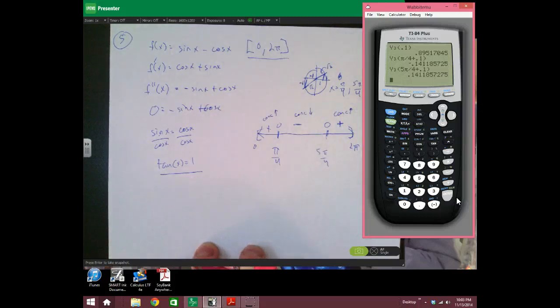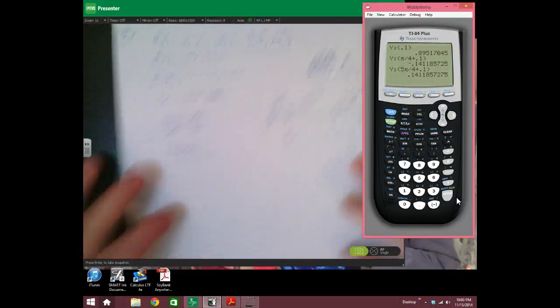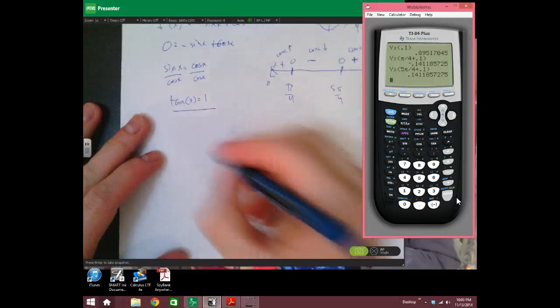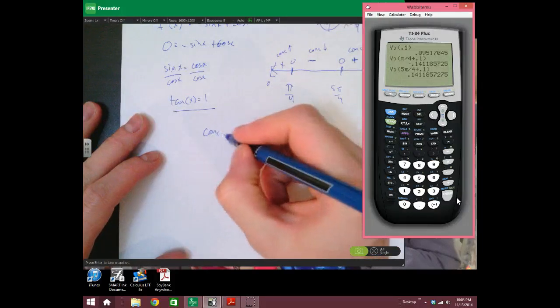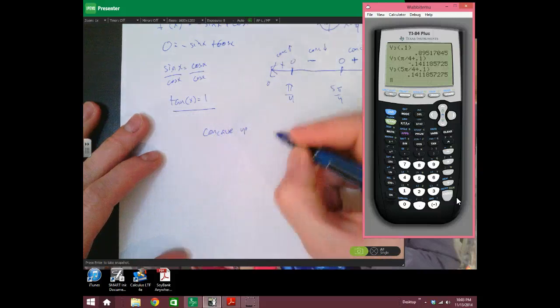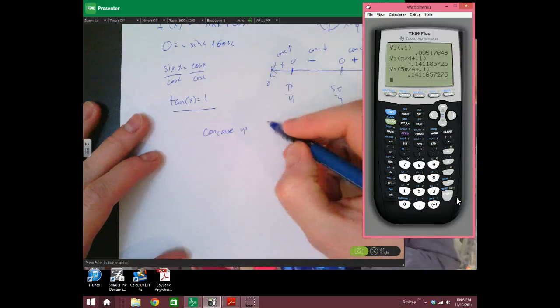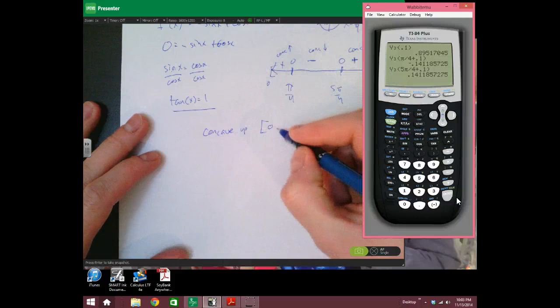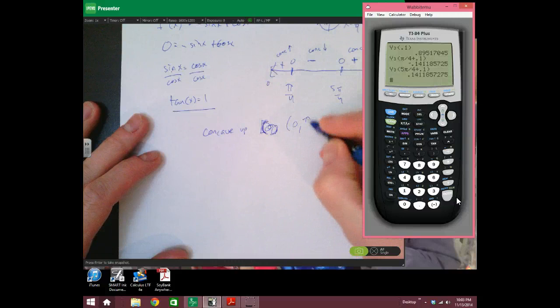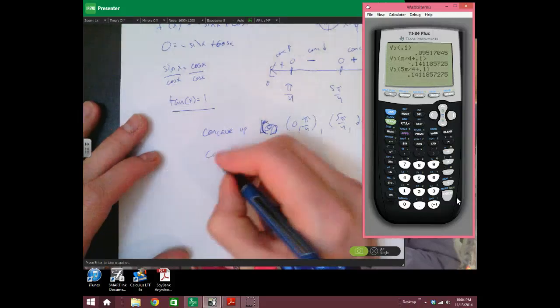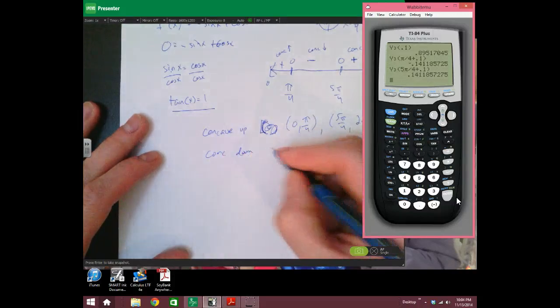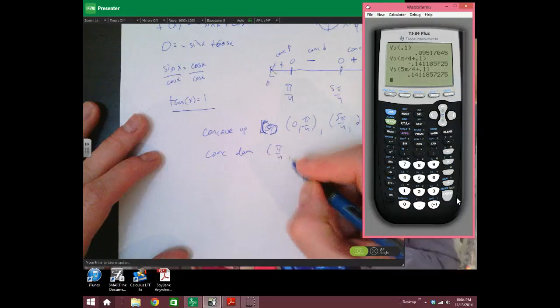Now, the way the book does this, to summarize it, is they will say concave up from 0, sorry, we're not including the endpoints, 0 to pi over 4 and 5 pi over 4 comma 2 pi. And then concave down between pi over 4 and 5 pi over 4.